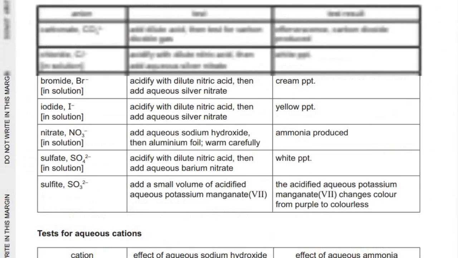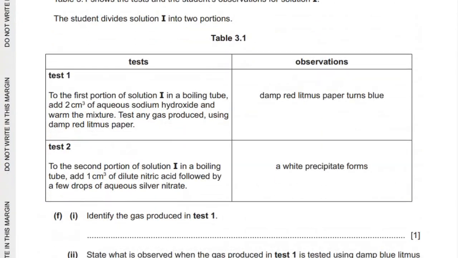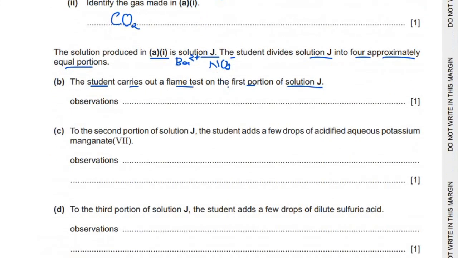So let's write a light green flame is seen for Ba²⁺, that's barium. Okay, the next part: to the second portion of solution J, the student adds a few drops of acidified aqueous potassium manganate. Now the solution is colorless.